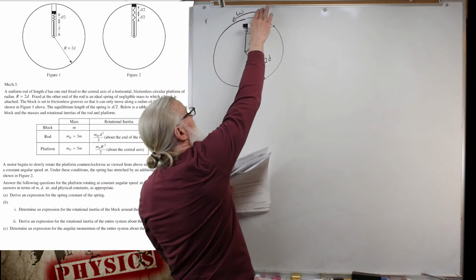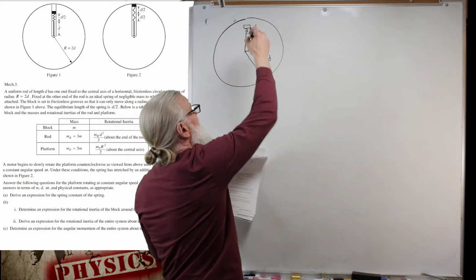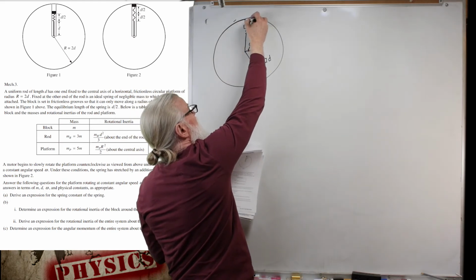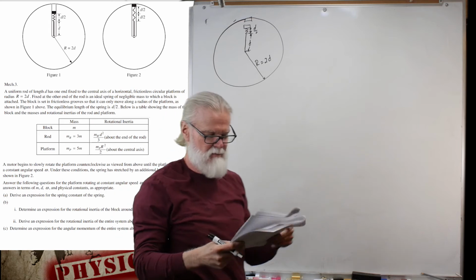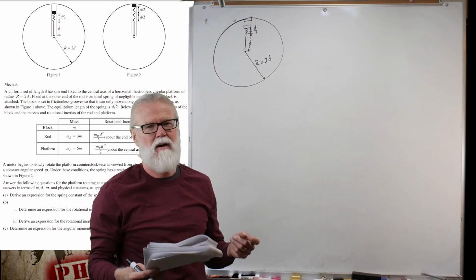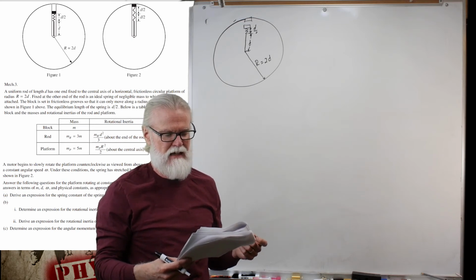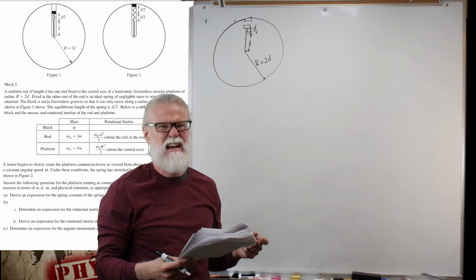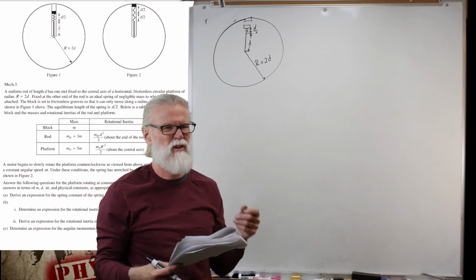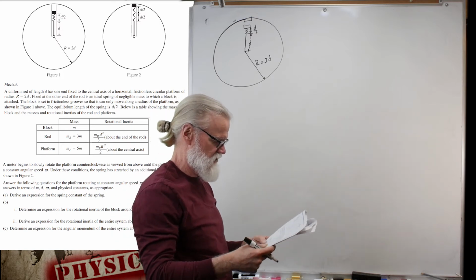Actually, I shouldn't have had that omega there. That was later. So this thing's eventually going to make it to here. One thing they didn't mention, which they should have, is that the block is small, so essentially having no size. We have to assume that in this problem because they didn't give us any other information.